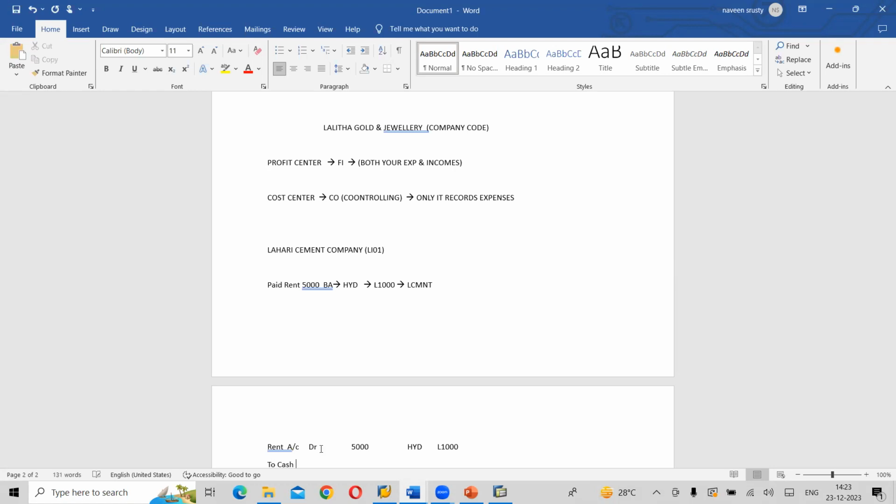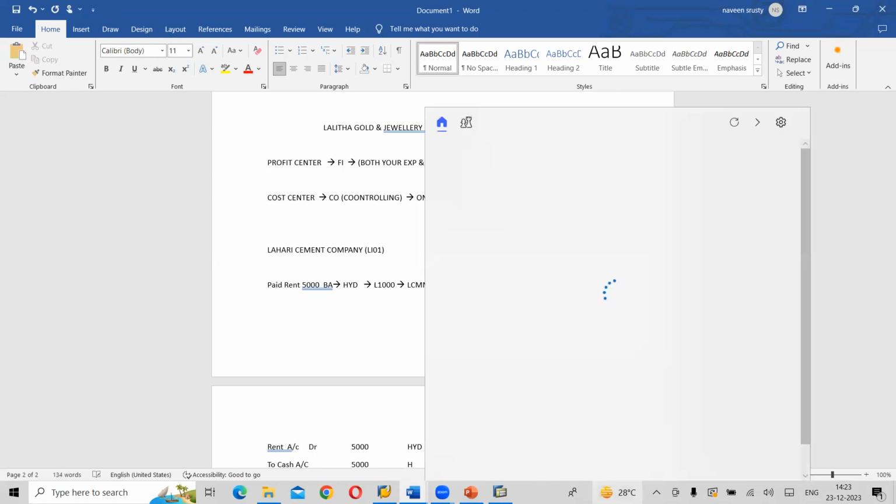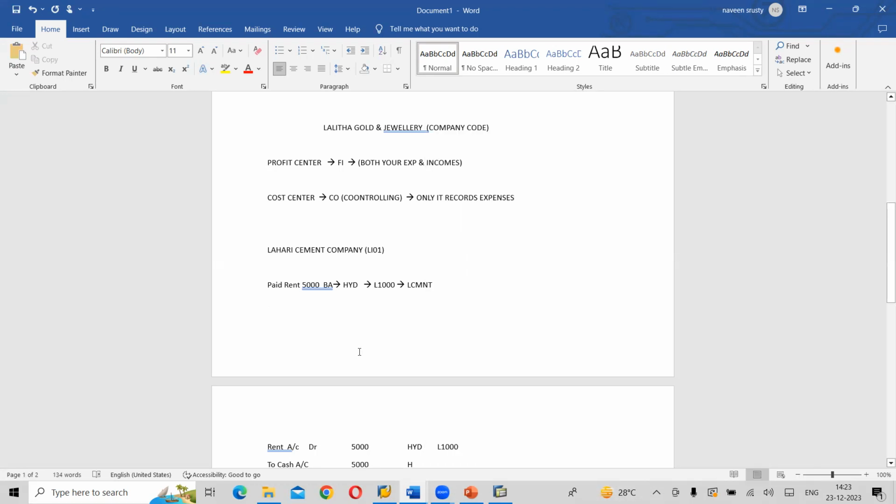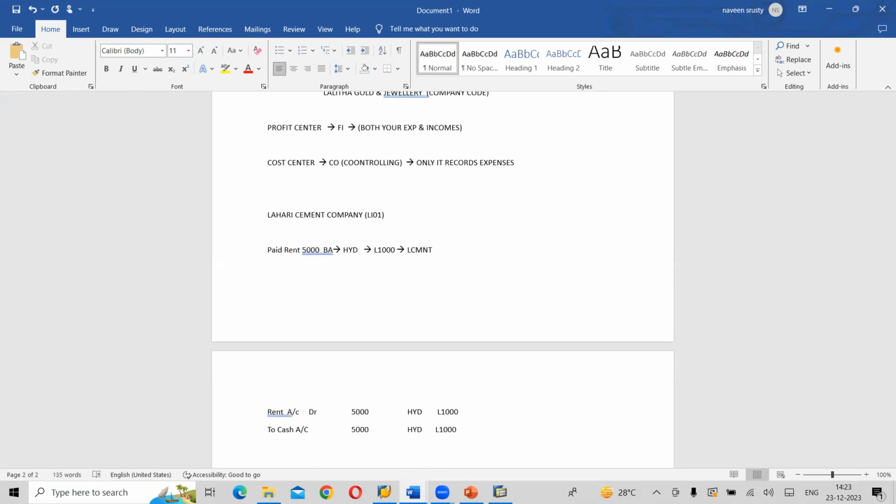To cash account 5,000, cash account Hyderabad, and L1000. This is the entry which the end user has entered. But did we give any segment here?